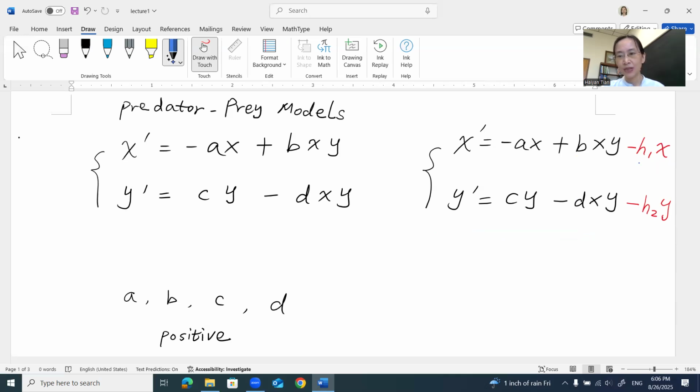So in the first equation, we have negative, that means minus H1X. In addition to the common terms, the difference is minus H1 and minus H2 times either X or Y. So that is the effect of harvesting.